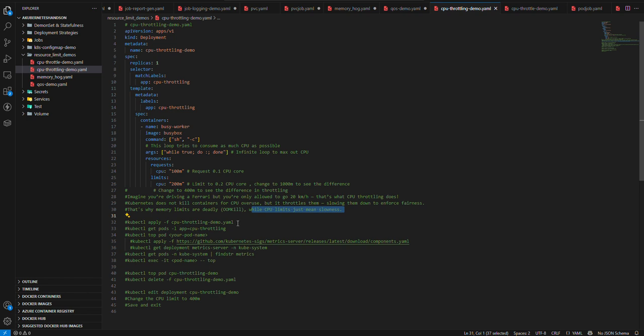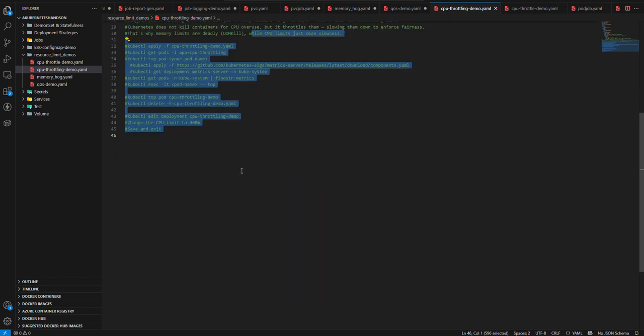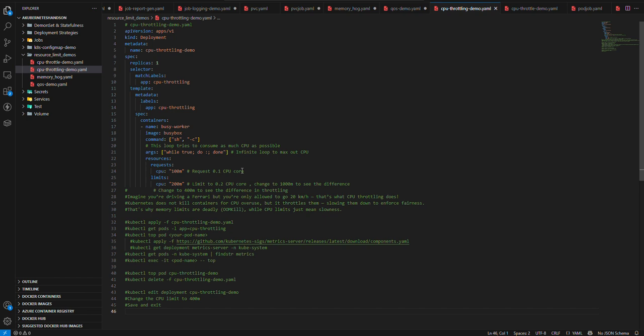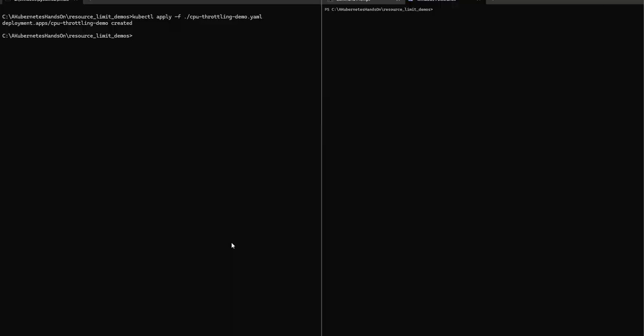Okay, so we have run this command kubectl apply. Now let's run this command kubectl get pods and see whether the pods are ready.